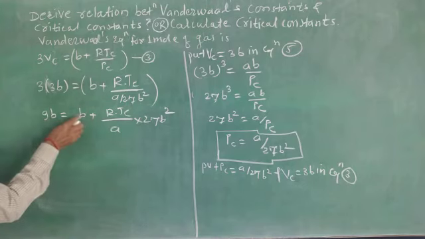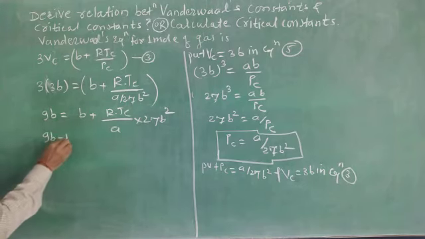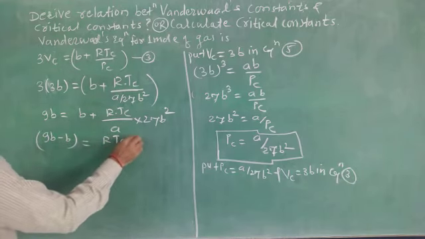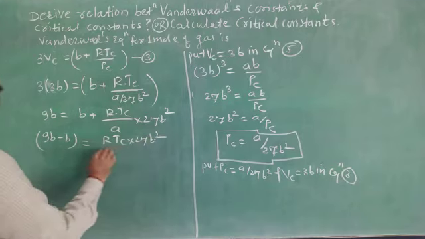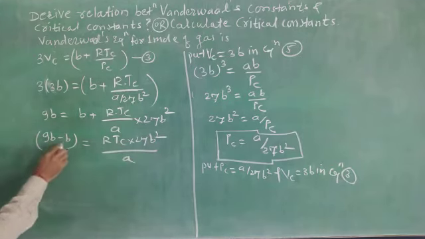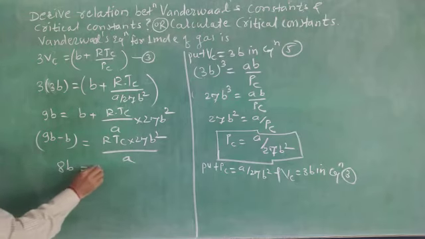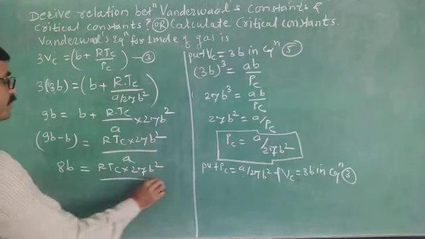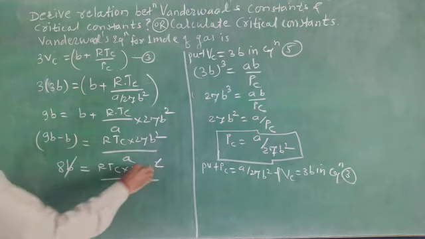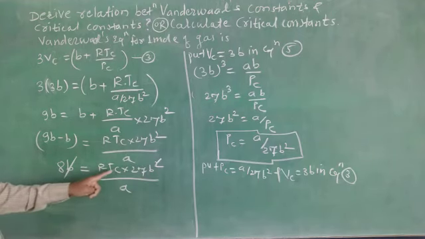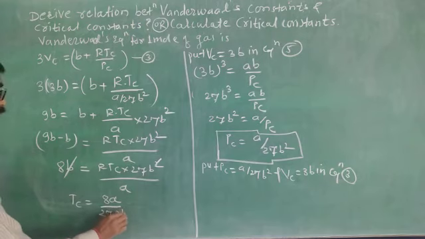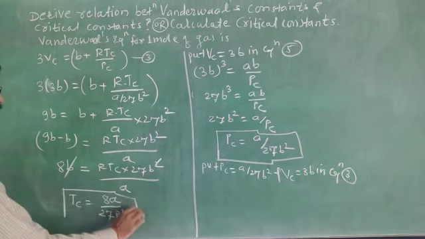Now this B, when it comes to the left-hand side, 9B minus B is equal to RTc into 27 B square upon A. Now it will be 8B, so 8B equals RTc into 27 B square upon A. This B gets cancelled with one B. Again, see, Tc equals 8A upon 27RB. See the relation.